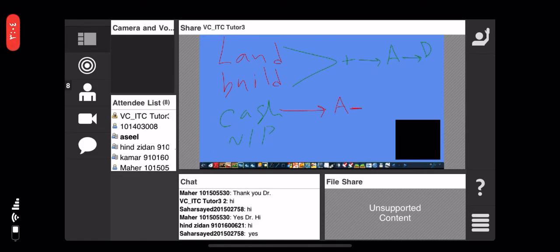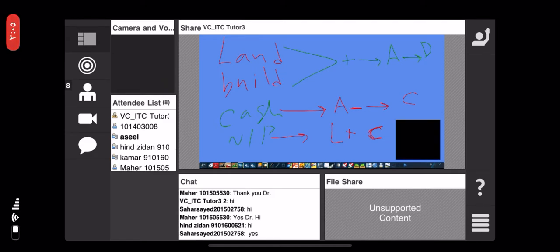So assets decrease means you will put cash as credit. Notes payable. What's the classification for notes payable? Liability. Liability here increase or decrease? Increase. When I say liability increase, means put it as credit.